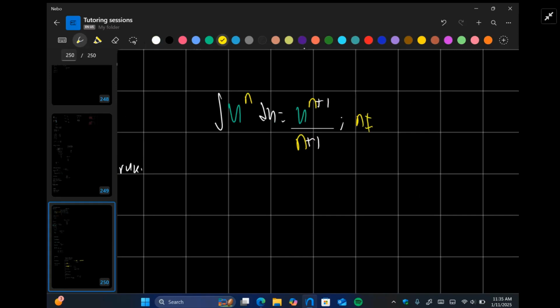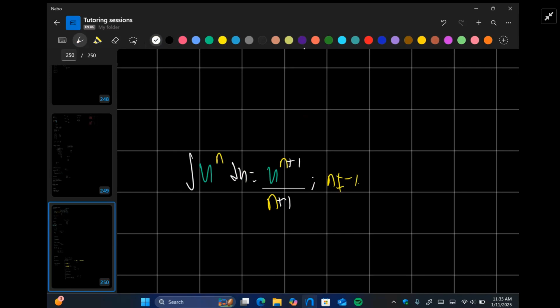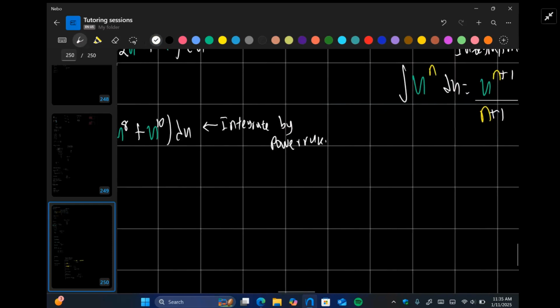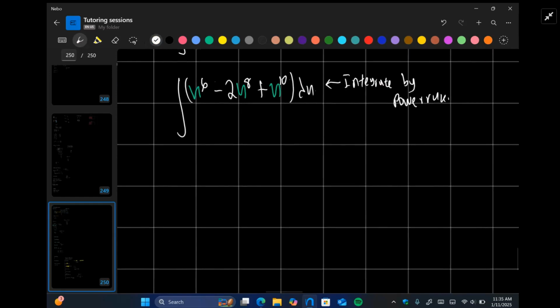This is the power rule of integration. I know I'm writing a lot, but we want to make sure we understand these formulas. The thing with calculus is that a lot of it builds up, so I'm stating as much as I can to refresh our memory.